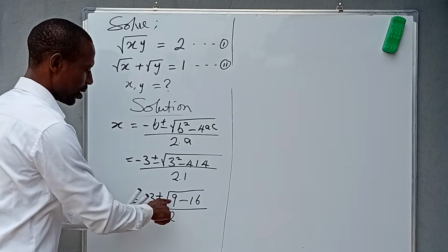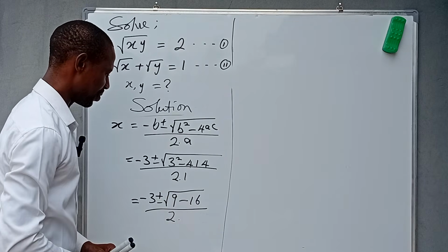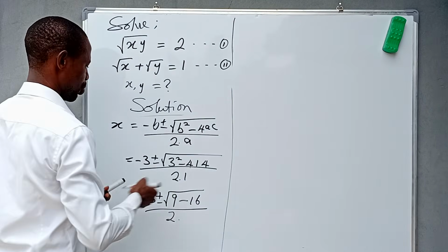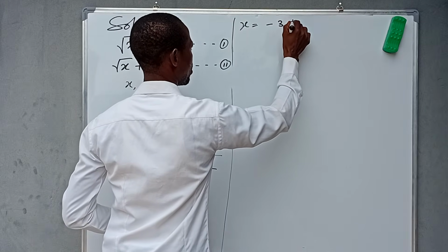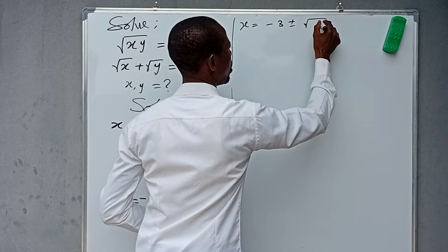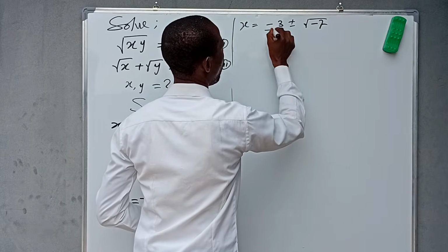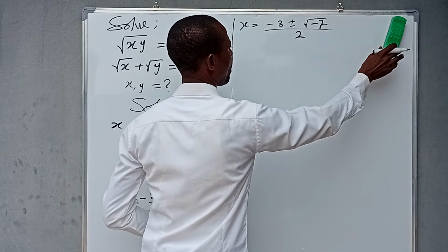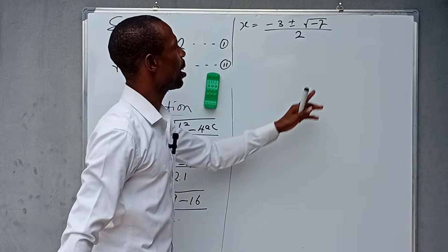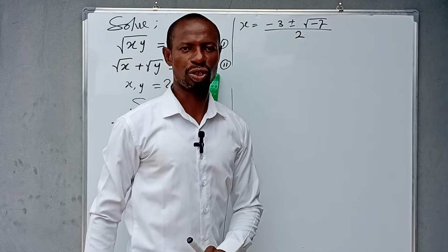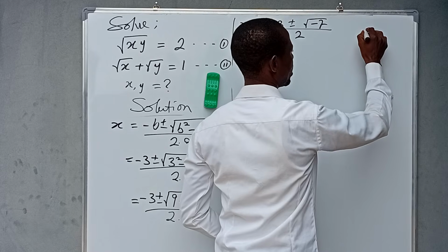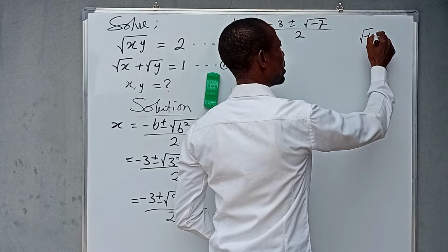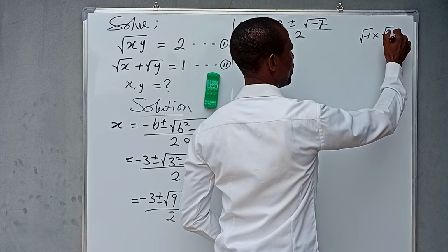Very simple. If we subtract, this is going to give us minus 7. So x is equal to minus 3 plus or minus the square root of minus 7, all over 2. Remember, the square root of minus 7 can be written as the square root of minus 1 times the square root of 7.